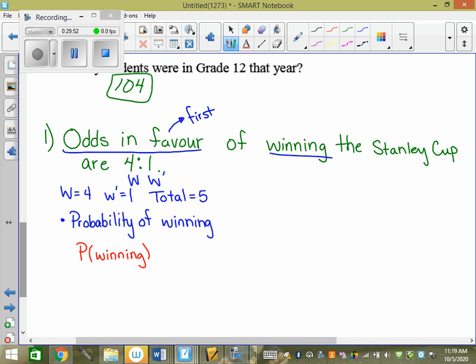I would have to write the whole thing out. We don't want to short form, especially on a diploma. We don't want them guessing or thinking we're assuming something. So probability of winning is always the number of winning over the number of total. Because I took the few seconds to label my odds, I won't get this wrong. Winning is 4 out of 5.